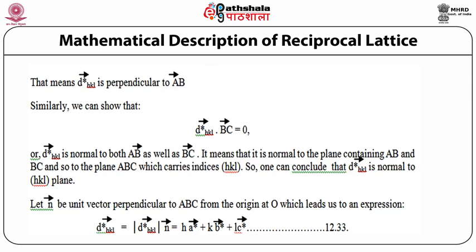Let n vector be the unit vector perpendicular to ABC from the origin at O, which leads to an expression d star hkl vector equal to modulus d star hkl into n vector equal to h a star plus k b star plus l c star, which is equation number 12.33.